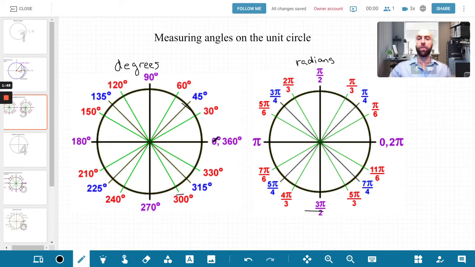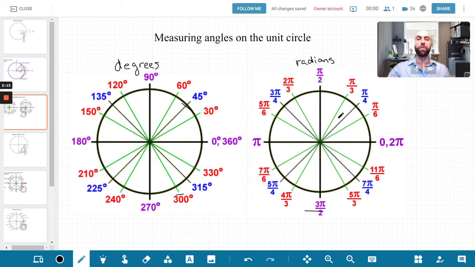Now, if you take a look at this circle, you'll notice the 0 point is at the far right side on both of these. That's because on the unit circle, we start on the far right side and move counterclockwise around. You also notice that only key locations are marked on it, the 0, 30, 45, 60, 90, and the multiples of that.